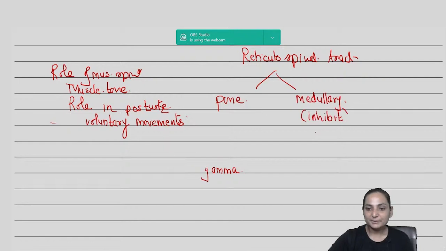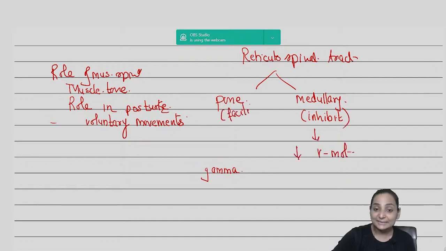That means it is going to decrease the rate of discharge of the gamma motor neurons, whereas pontine is facilitatory, which is going to increase the rate of gamma motor neuron discharge. So because of the balance between the increasing and the decreasing inputs, the gamma motor neurons are able to maintain a constant rate and influence the muscle spindle in such a way that the muscle maintains a tone.